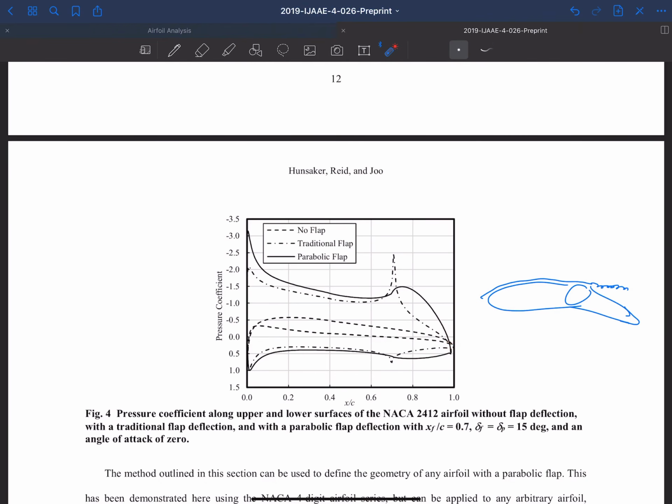So for the parabolic flap, the flow would be able to hold on longer, but may still separate near the trailing edge of the airfoil. Now, this data was computed using a panel code, so it does not include viscous effects, and that's why we get such a sharp pressure gradient. In general, viscosity will smooth this out a little bit, so it won't be quite as drastic as we're showing here.